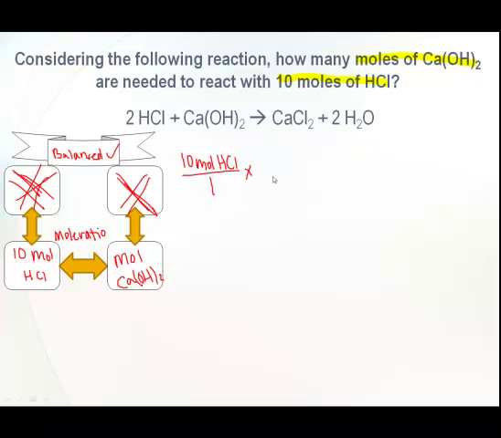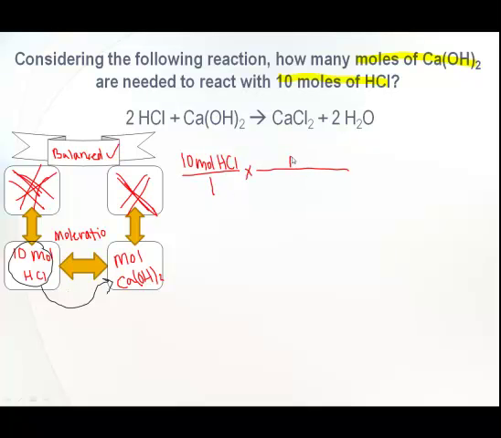So now I want to go from moles of HCl to moles of calcium hydroxide. So the thing that's going to go on top is what we want. In this case, we want to go from moles of HCl to moles of calcium hydroxide.